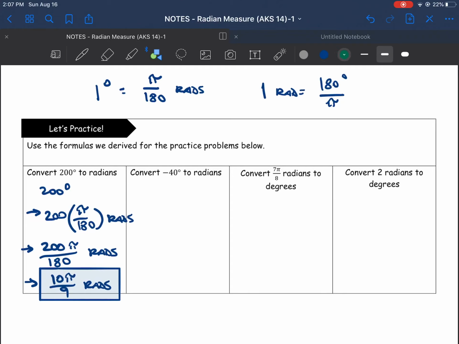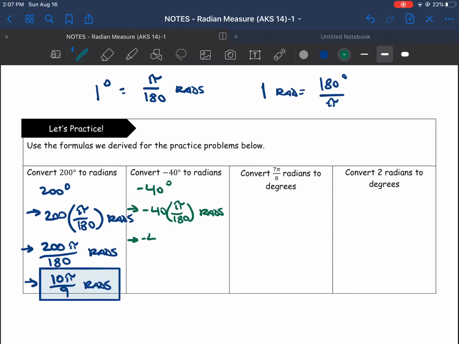Now let's convert negative 40 degrees to radians. So we start with negative 40 degrees. Again, we know that 1 degree is equal to pi over 180 radians. So negative 40 times pi over 180 radians.